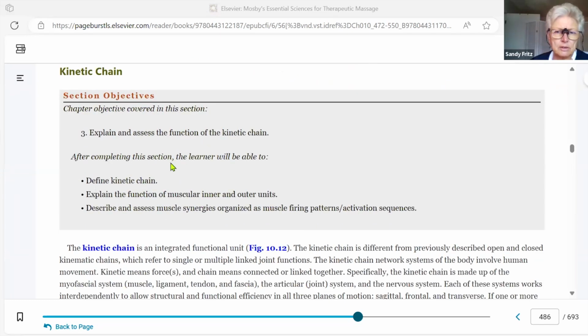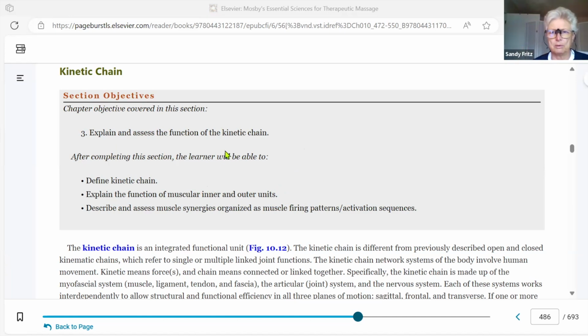This is going to start to talk to you more about what's called the kinetic chain. A piece of that are those opened and closed kinematic chains, but this is a little more expansive on this. This includes the fascial muscle interactions and the neurological contralateral, ipsilateral, reflex arcs.